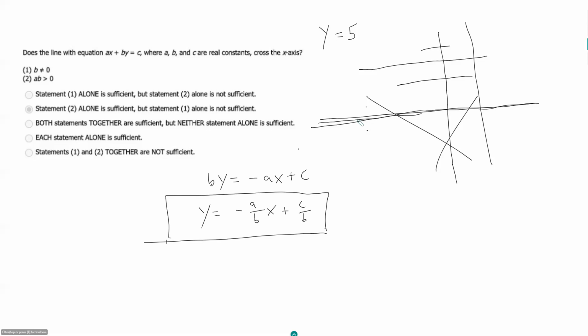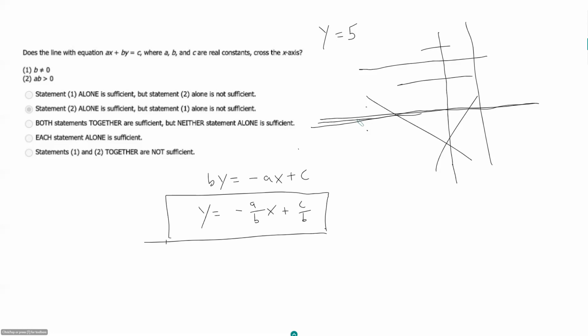So we want this to be just y is equal to a constant, right? Because we want a horizontal line. And so when will that be true? If b is 0, that's a vertical line. So only when a is 0 will we have a horizontal line.